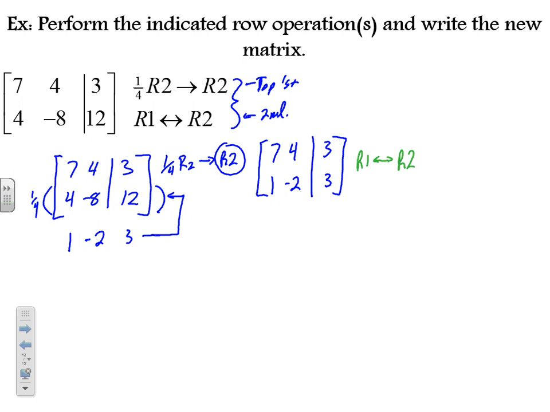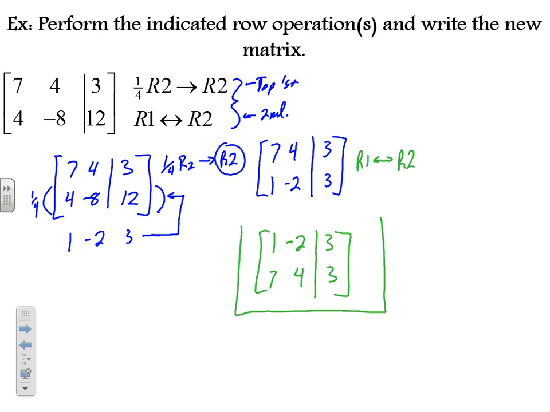We're making those two rows trade places. So that gives us a 1, negative 2, and a 3 in row 1, and the 7, the 4, and the positive 3 go to row 2.